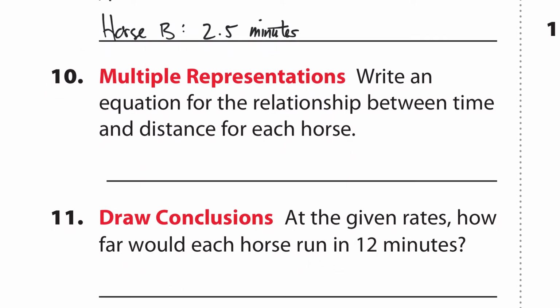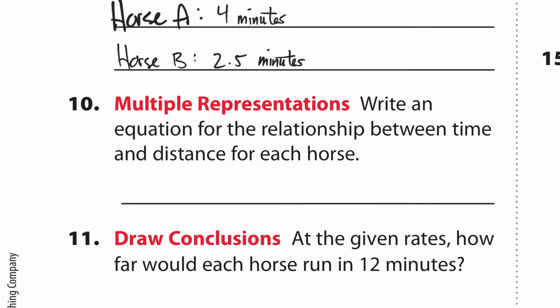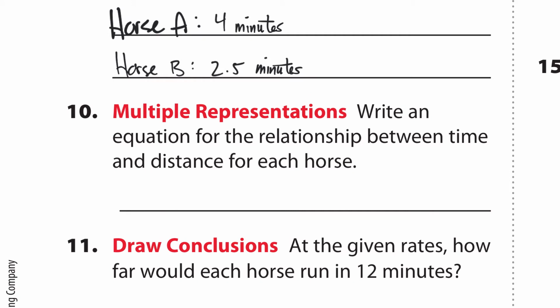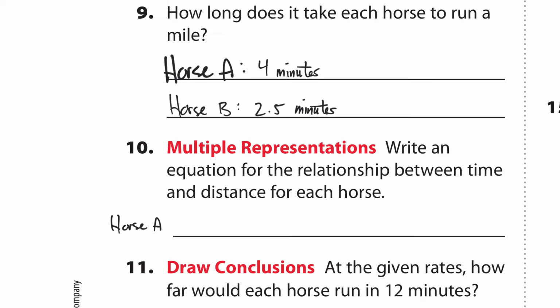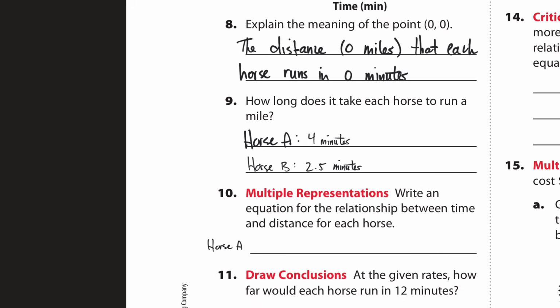Multiple representations. Write an equation for the relationship between time and distance for each horse. Well, now to figure that out, we need to know a couple things.